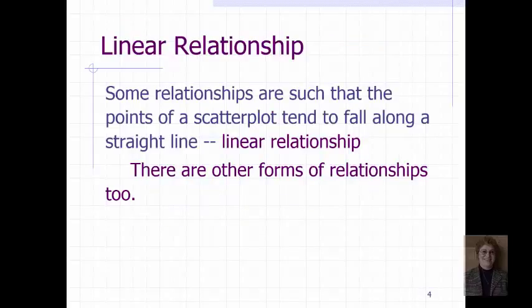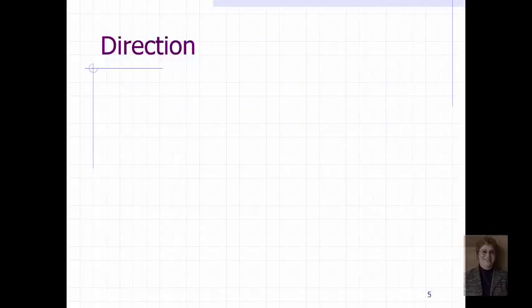Now we're going to focus on linear relationships basically because they're relatively easy to pick out. There are other forms of the relationships, and those are in section 10.6, and we will look at those briefly at the end of our last chapter 10 lecture. When we look at this relationship, we want to look at the direction.